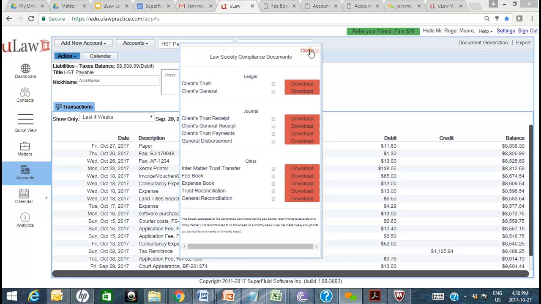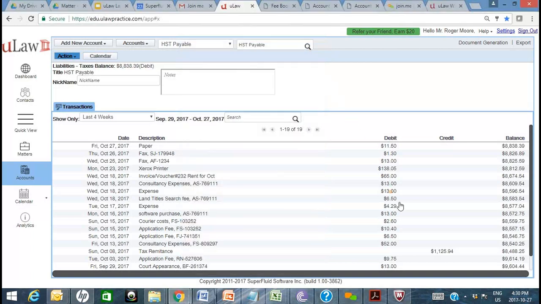It talks about how do I import my bank statement, or can I import my CIBC bank statement into uLaw, or do you have an automatic API interface with the banks in Canada? The quick answer is we don't have an API that connects with your bank, at least not today.